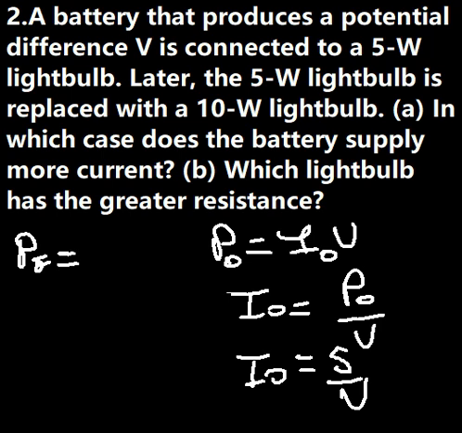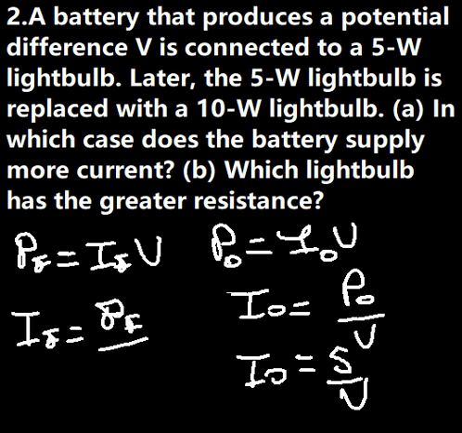We'll have it as the final current times the voltage, of which the final current will be given as the final power divided by the voltage. What is the final power? We'll have it as 10. So have 10 over voltage, of which this is the final power.